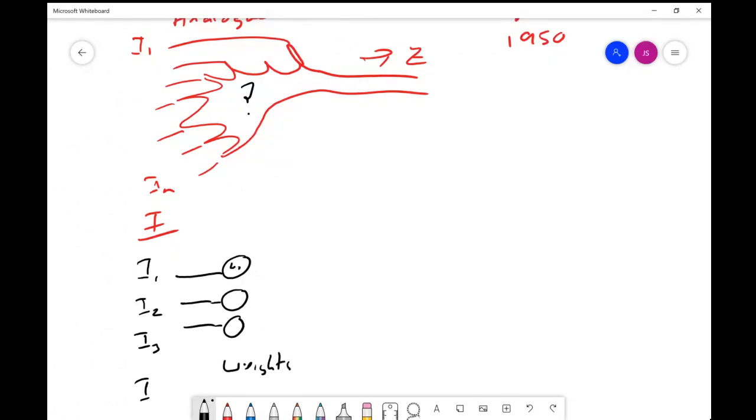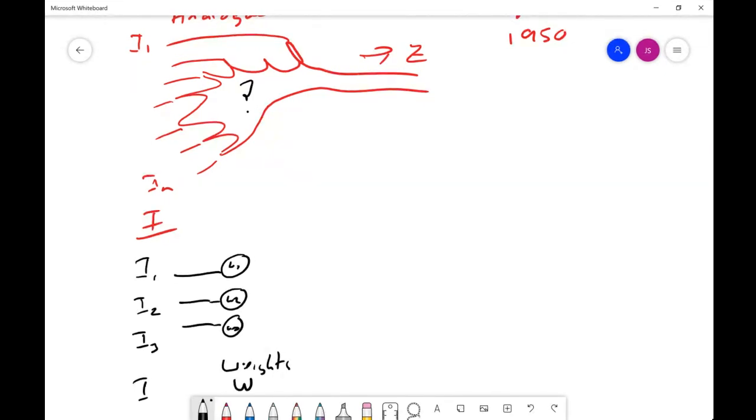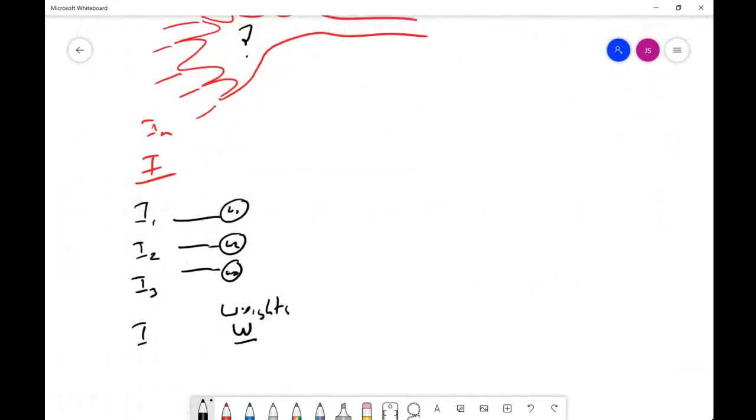The weights will be W1, W2, and W3. And this, of course, can be expressed as a weight vector, W.